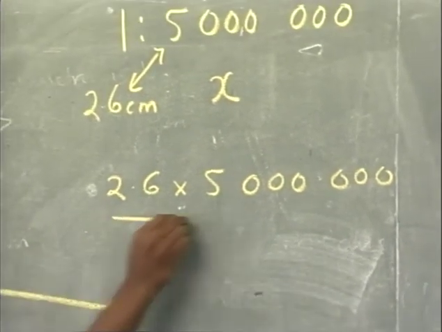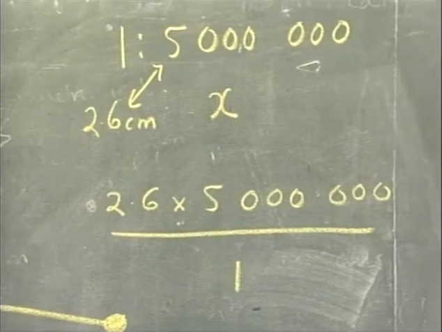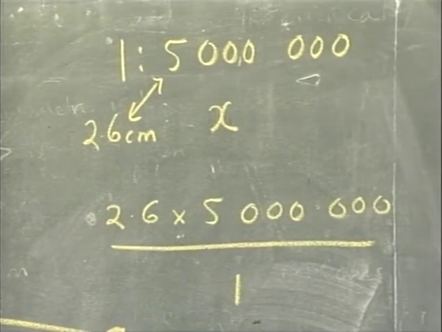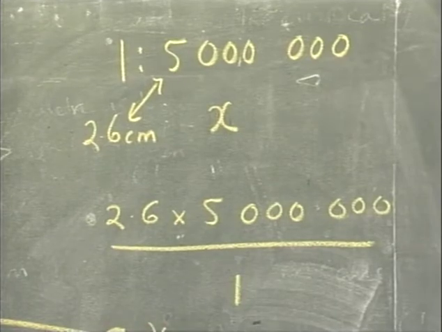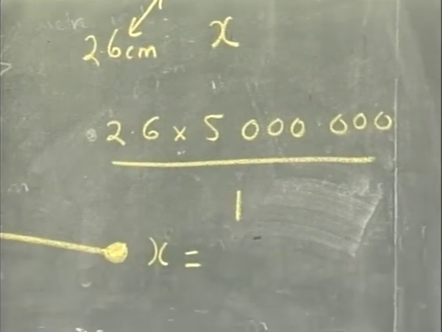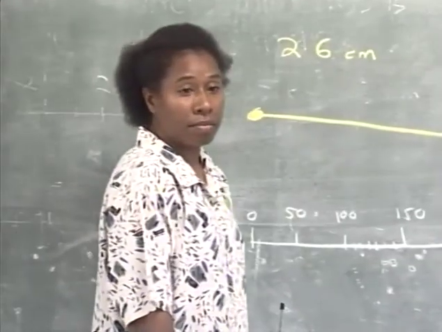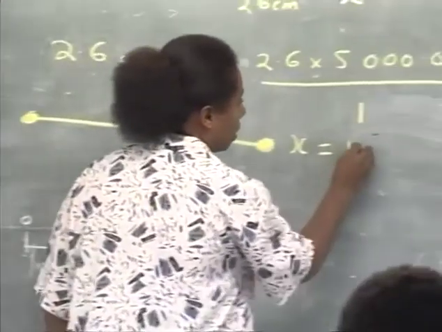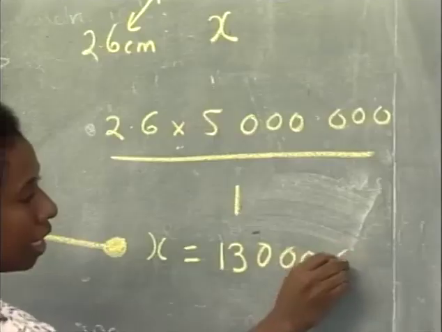And we divide that by 1, because it's over 1 there. So let's check our calculators. 2.6 multiplied by 5 million. And what would be x, which is our answer in centimeters? 13 million? Okay.